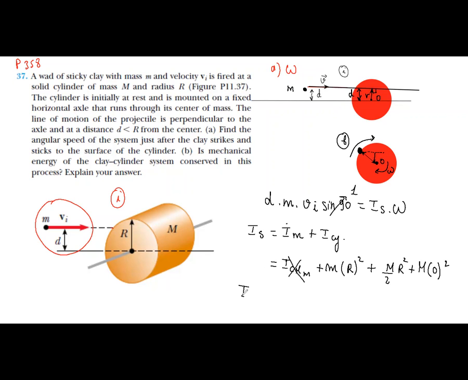So we can write I of the system, which is equal to mR squared plus mR squared over 2.